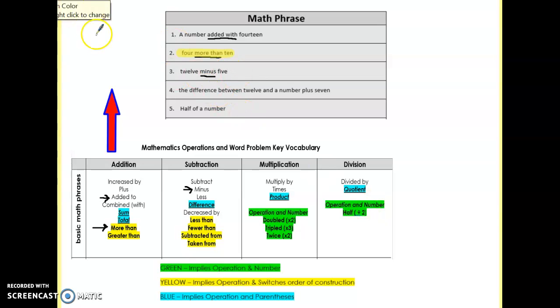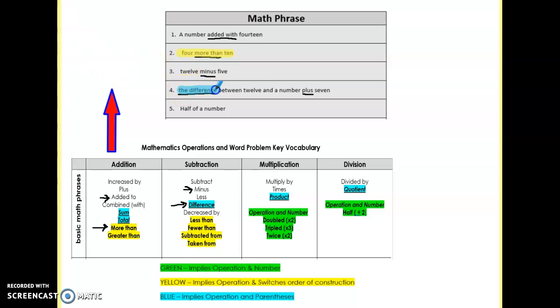Okay, looking at number 4, the difference between 12 and a number plus 7. So here is the difference. I see another keyword down there, plus. If I look, here is difference. Okay, you should notice the difference is blue. So that would mean I would need parentheses. So you're going to grab your highlighter.